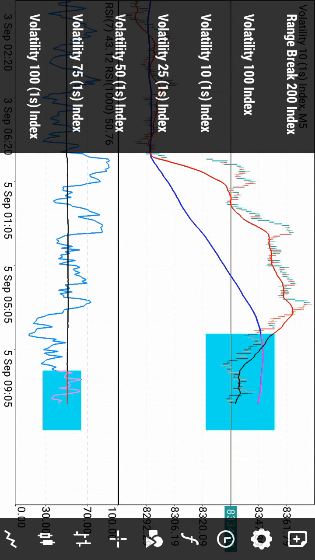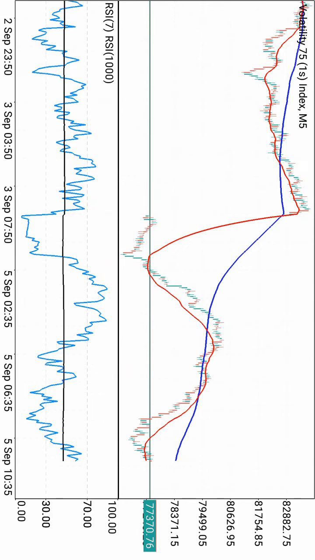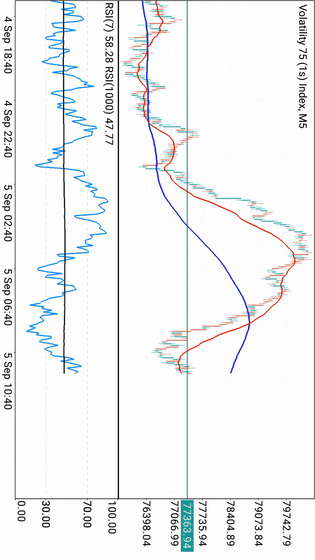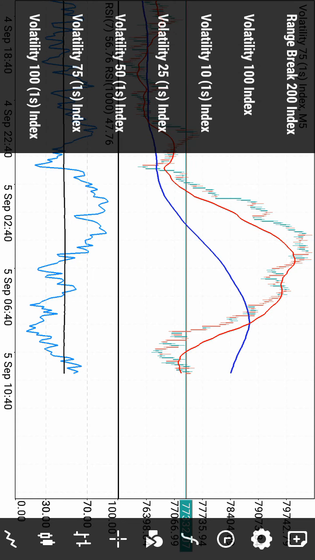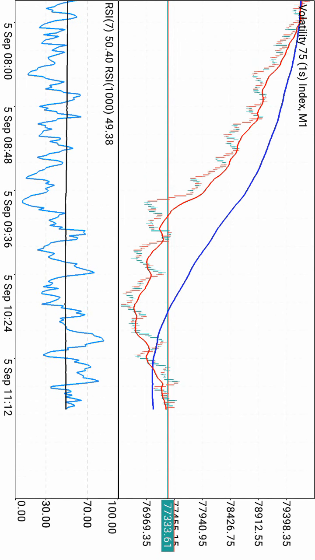Okay, and the 5 1S index, let's see. Look here, M5 time frame, M1 time frame.